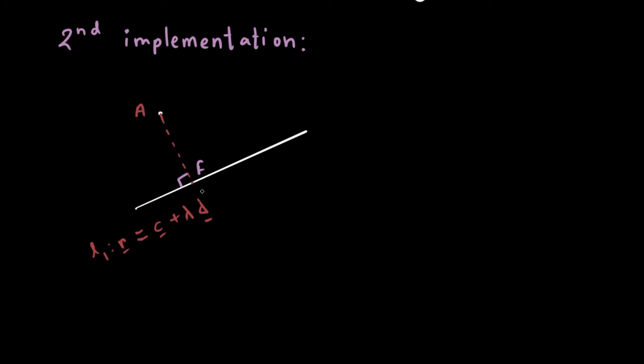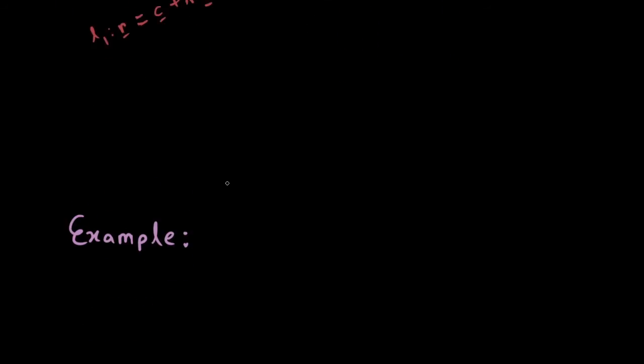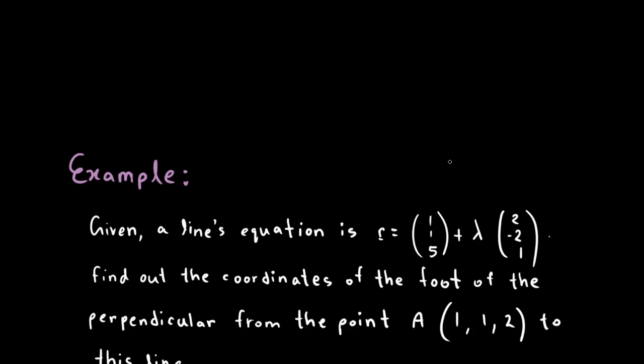Now we know that the dot product of AF and the direction vector in this line is equal to 0. This is because AF is perpendicular to the direction vector of this line. Now, if we know c and d, we can easily calculate the point F.